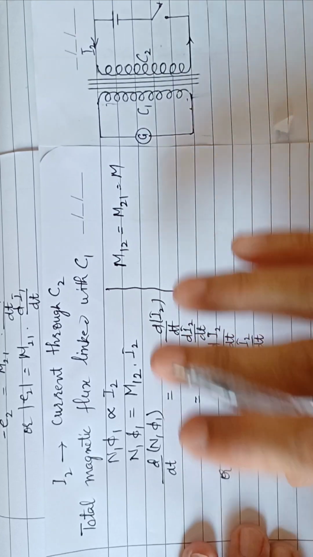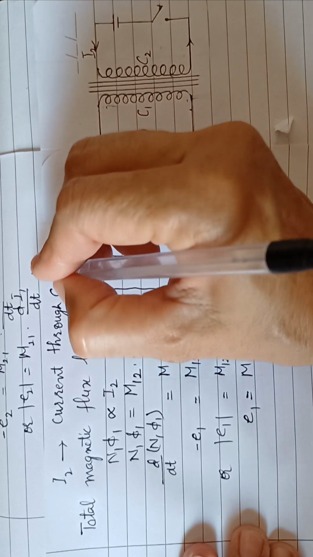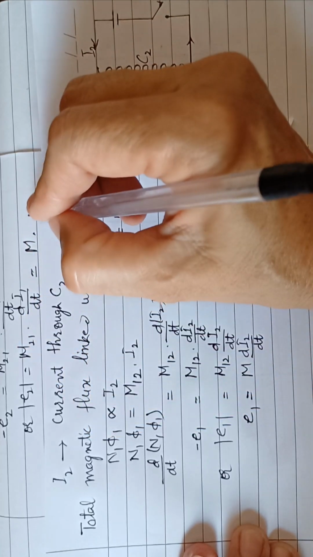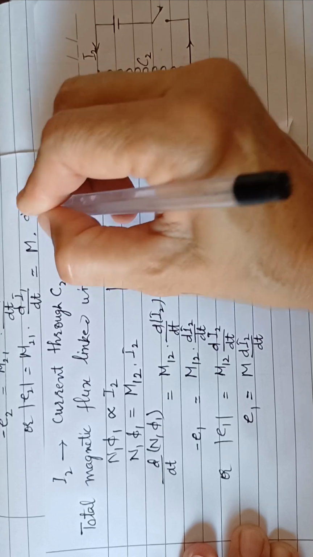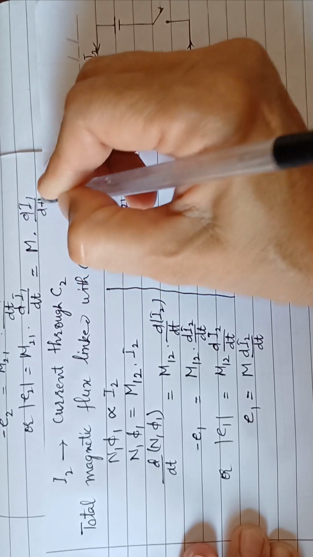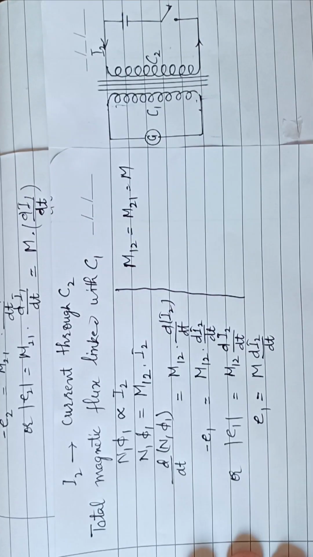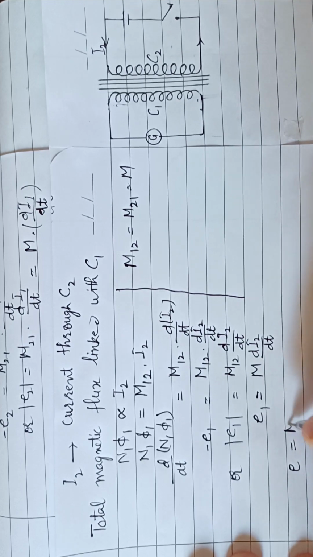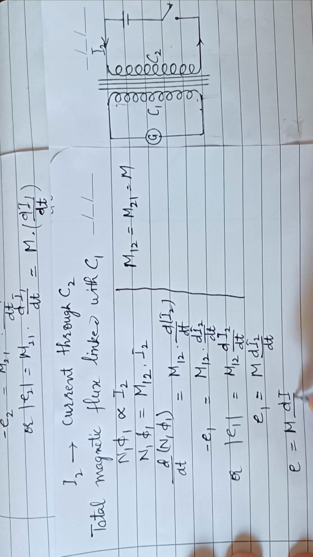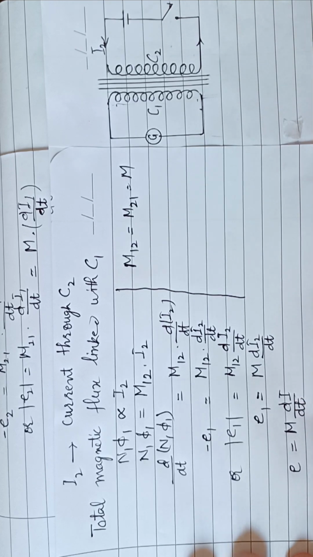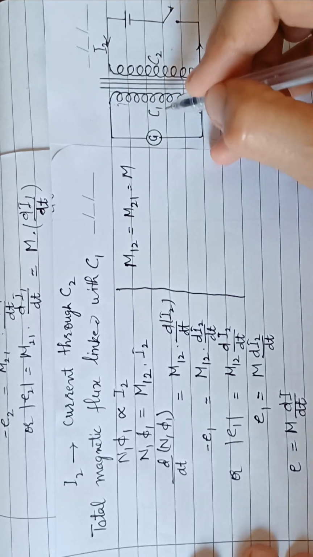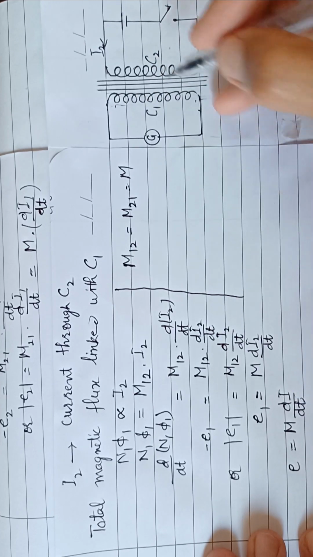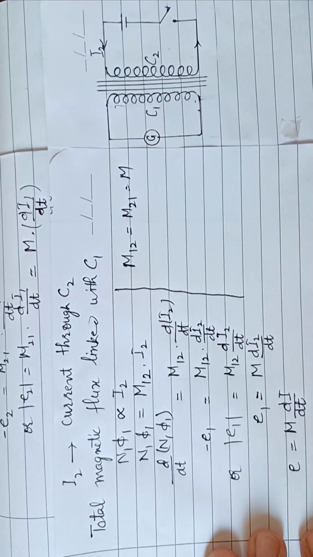And in the previous equation, instead of M21, we can write M, so E2 equals minus M into di1 over dt. So in general, we can write E equal to minus M into di by dt, where E is the induced EMF in a coil and I is the current through the neighboring coil.